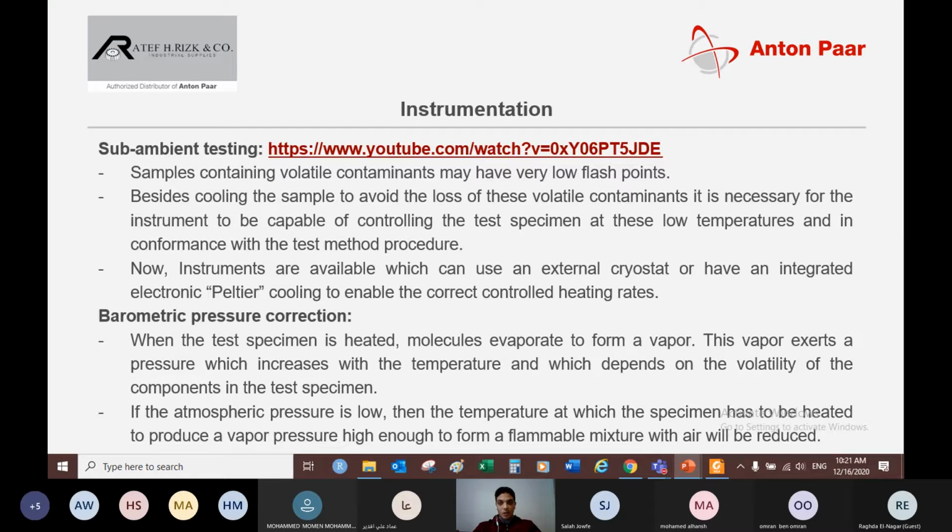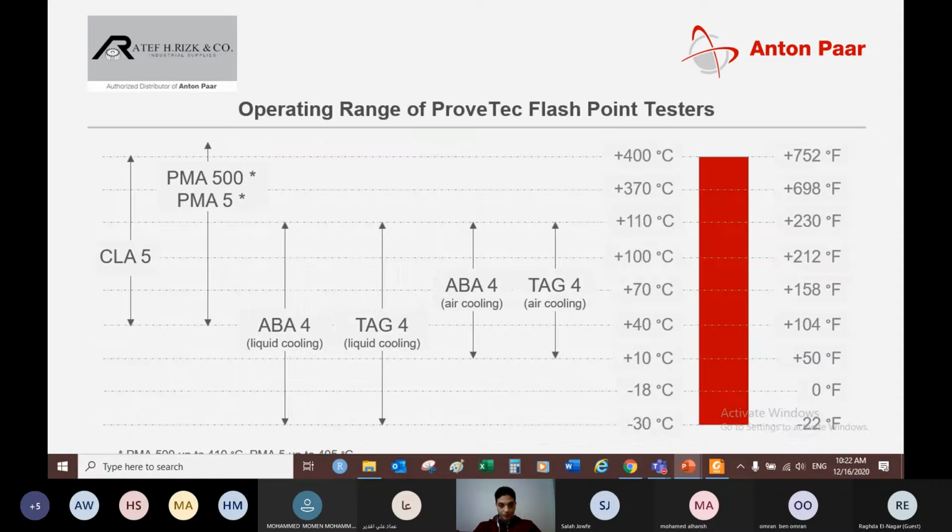This is why the pressure has a direct relationship with temperature, and it has to be corrected to get accurate results of the flashpoint. Anton Paar has various kinds of flashpoint testers according to your application.